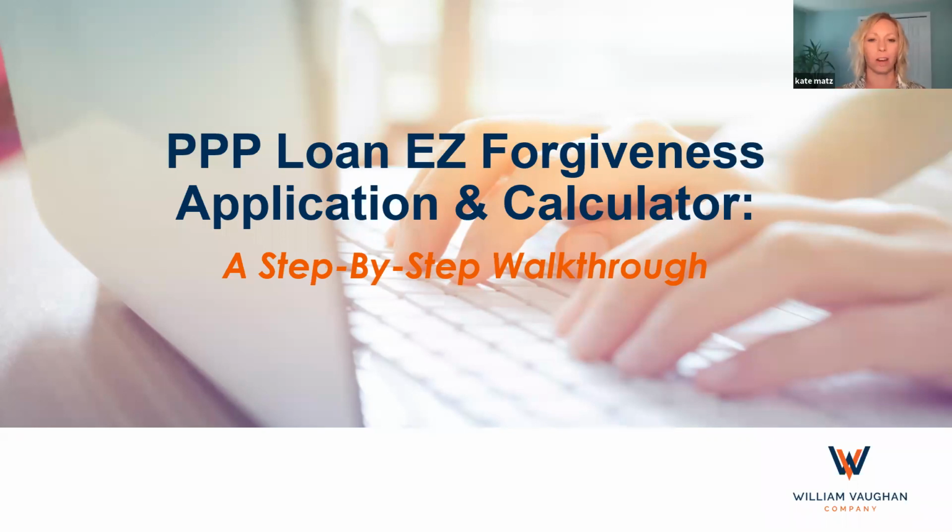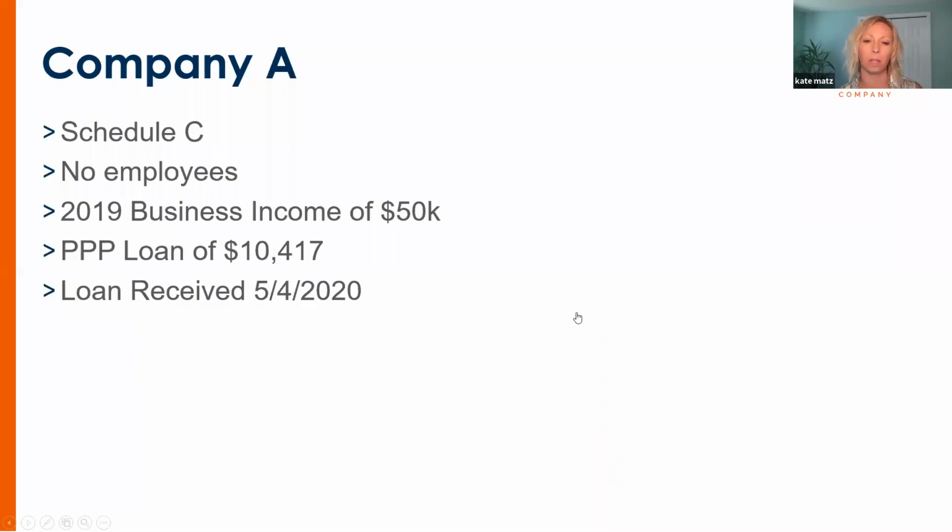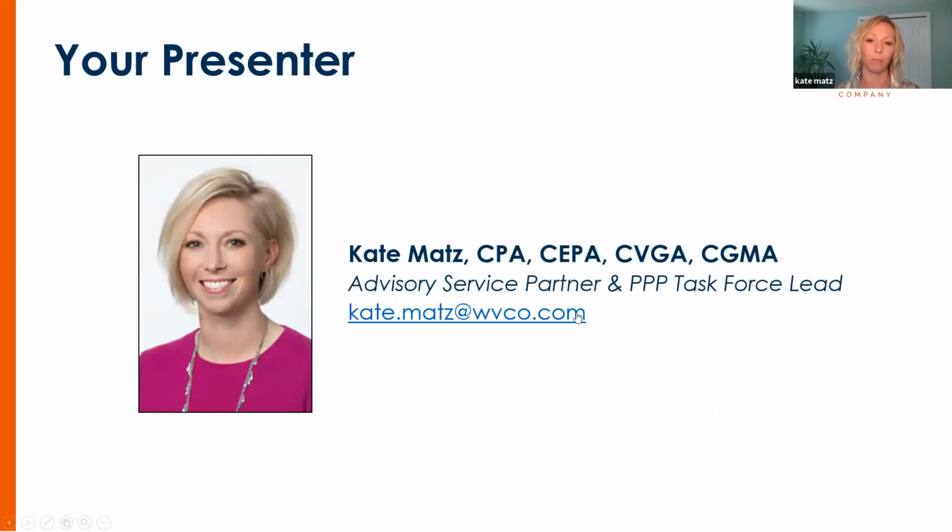Thanks, Jessica. Welcome, everybody. As Jessica mentioned, we are going to talk today about the easy application for forgiveness, as well as how you can use the WVC calculator to assist in the calculations for that application. We'll go through what the easy criteria are, run through a couple of examples. We'll use a real simple one, somebody that would be a Schedule C without employees, and see what that looks like.